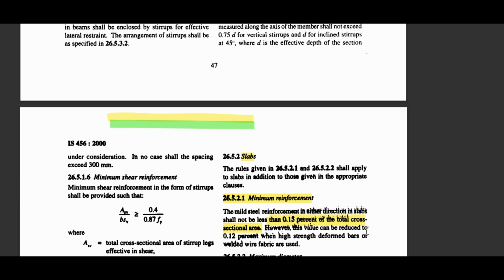However, this value can be reduced to 0.12% when high-strength deformed bars or welded wire fabrics are used. Now we shall go with the maximum percentage, which is 0.15%.